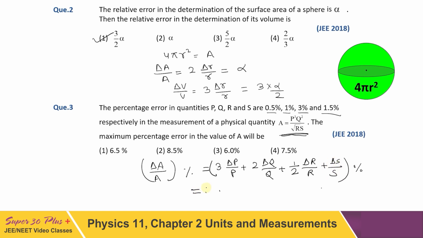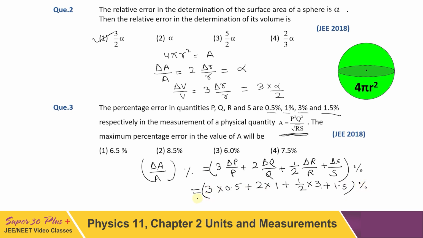And if you substitute the values, in P this is given 0.5, so 3 into 0.5 plus 2 into 1% plus 1 by 2 into 3 plus 1.5. These all values are given in percent.